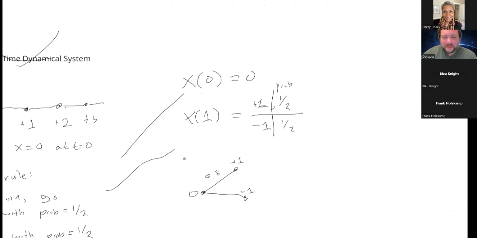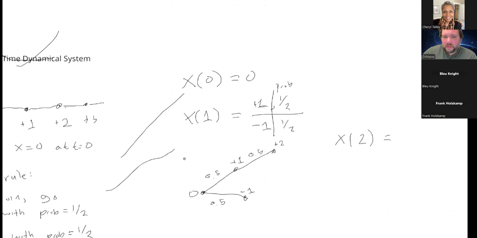So I'm gonna put probabilities of 0.5 on each of these. And then when I go to x of 2, it becomes conditional probabilities, because now there's a 0.5 chance that I move up 1, and I'm now at positive 2.